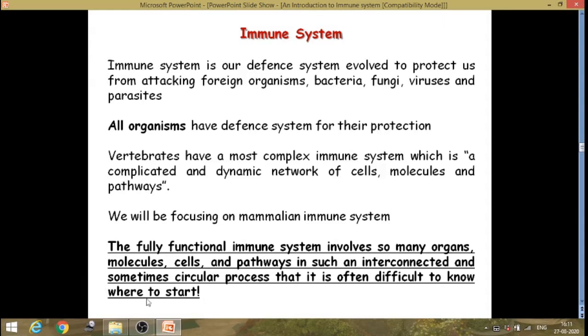I have taken these lines as such from QB immunology because they tell a lot about our immune system. The gist is that our immune system is quite complex because it involves so many organs, cells, molecules, and pathways, and the immune responses happen in an interconnected manner.